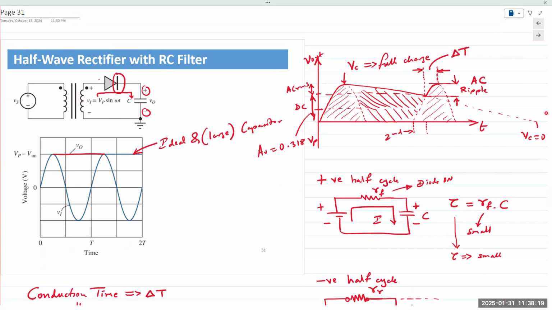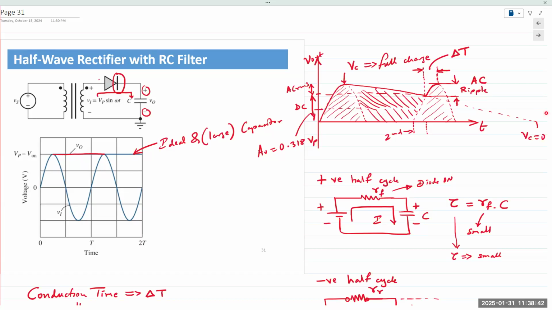What happens? When the first positive half cycle arrives, diode turns on, capacitor starts charging. Capacitor reaches full charge. Depending on the size of the capacitor, depending on the voltage that is being applied, it might charge up in the first half cycle, or it might take a second half cycle to reach full charge.